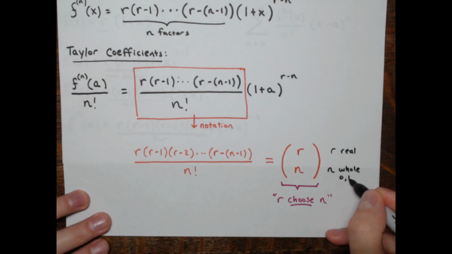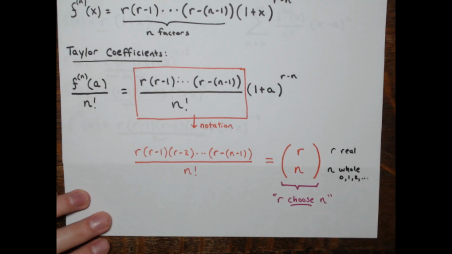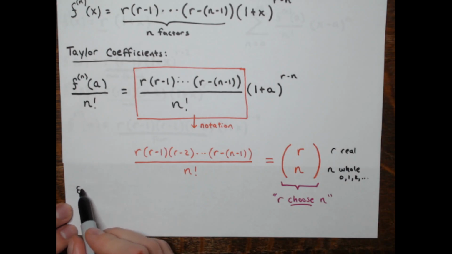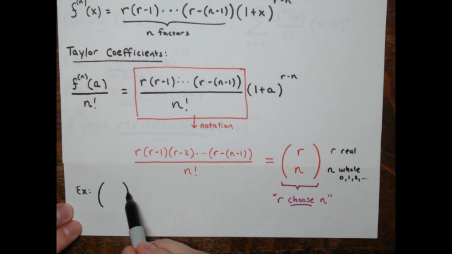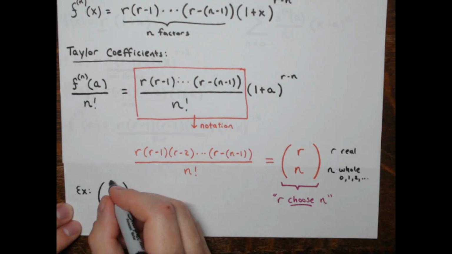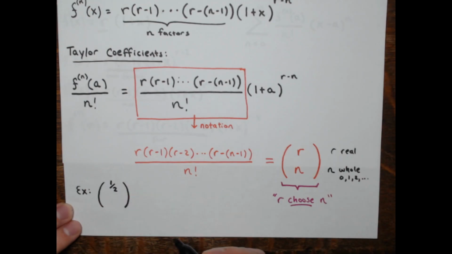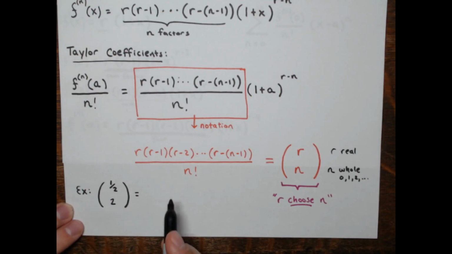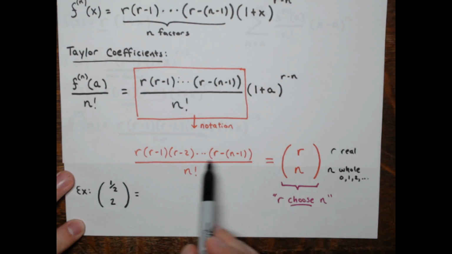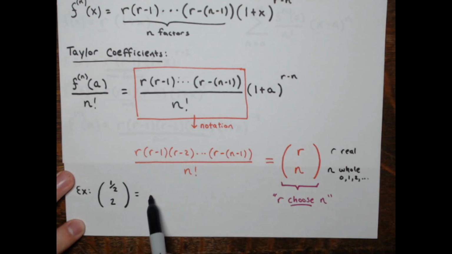So 0, 1, 2, dot, dot, dot. Just one quick example. If I saw this big set of parentheses with, say, 1/2 in the top part and 2 in the bottom part, this represents a fraction.